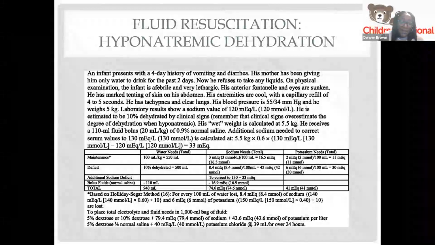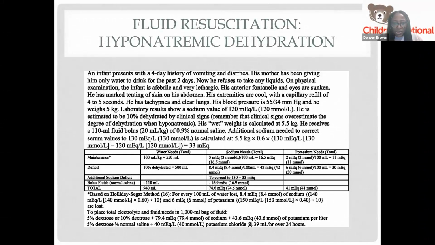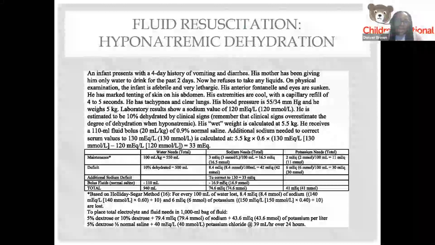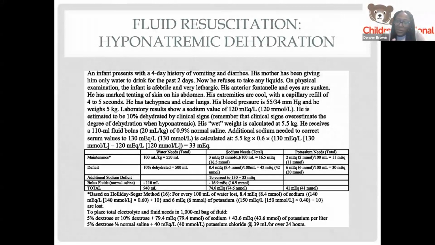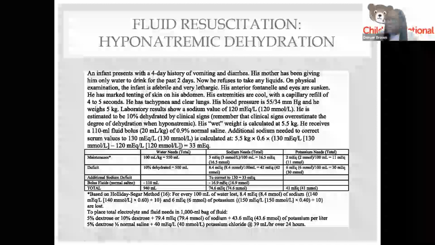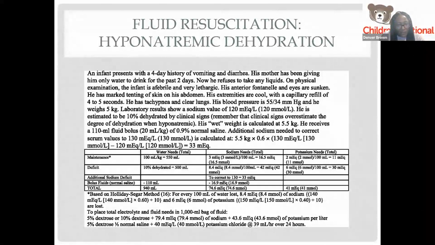If we think about what kind of fluid that is, that's pretty much half normal saline. So this patient would be best at getting half normal saline. We divide that 940 by 24 hours to get the rate of his fluids, which would be 39 ml per hour.